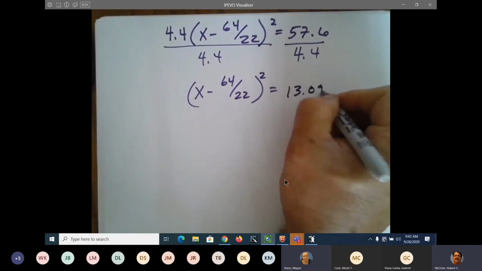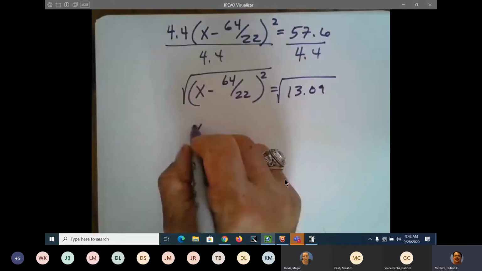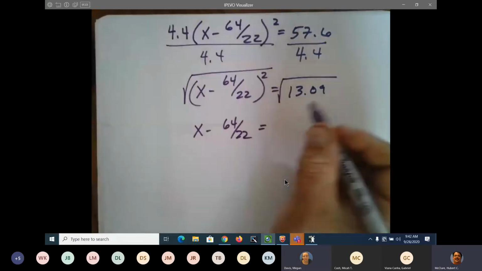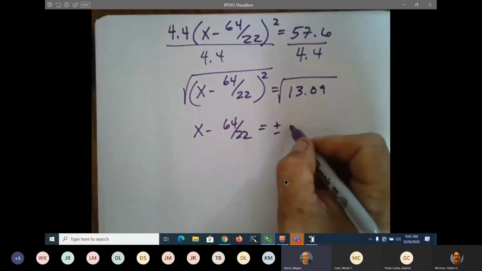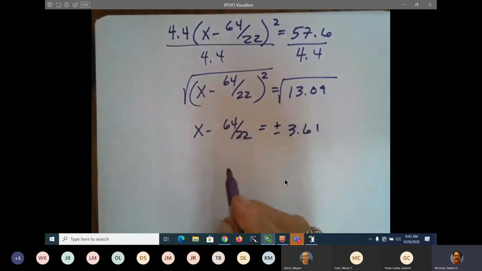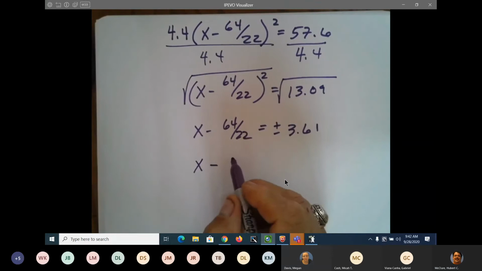And go ahead and take the square root of 13.09 for me. It is 3.61. And turn 64 over 22 into a decimal for me. 2.90.